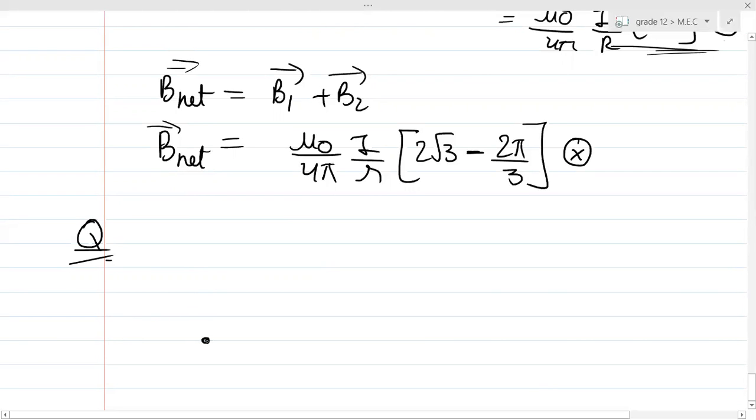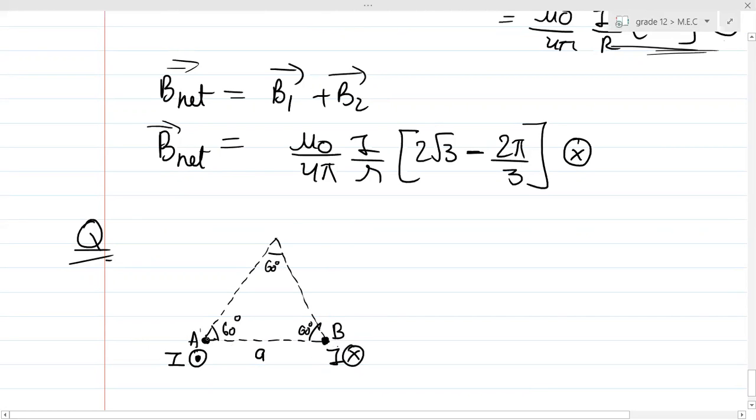There are two wires. One wire is over here, one wire is over here. They are situated at the ends of an equilateral triangle of side A. On this, the current is coming out at point A, and at point B the same current is going in.